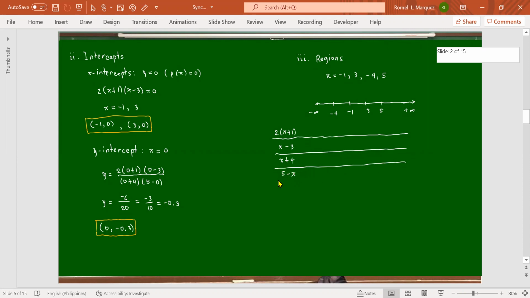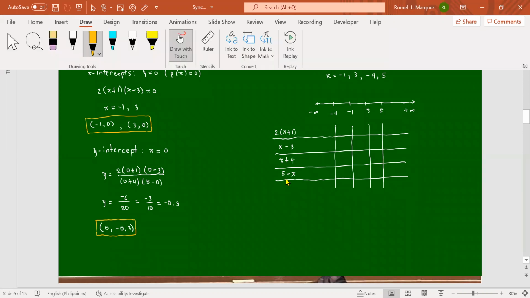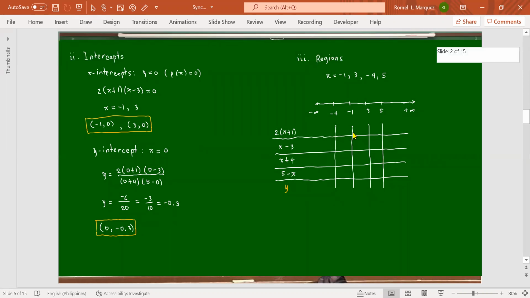To the right of where it is 0, it is either negative or positive, depending on the coefficient of x. If the coefficient is positive, it is positive to the right and negative to the left. If the coefficient is negative, it is negative to the left and positive to the right, ang negative. Okay, we are determining the sign of y, meaning the quotient. So 0 here, here, here, and then here.